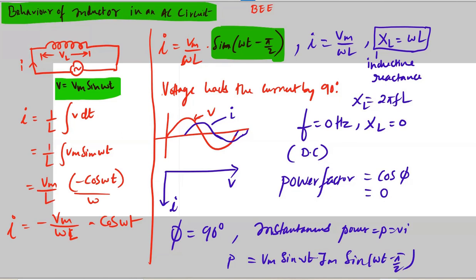If we solve this, again we get it as minus of Vm Im upon 2, that is root 2 into root 2, into sin 2 omega t. Any doubt in this?